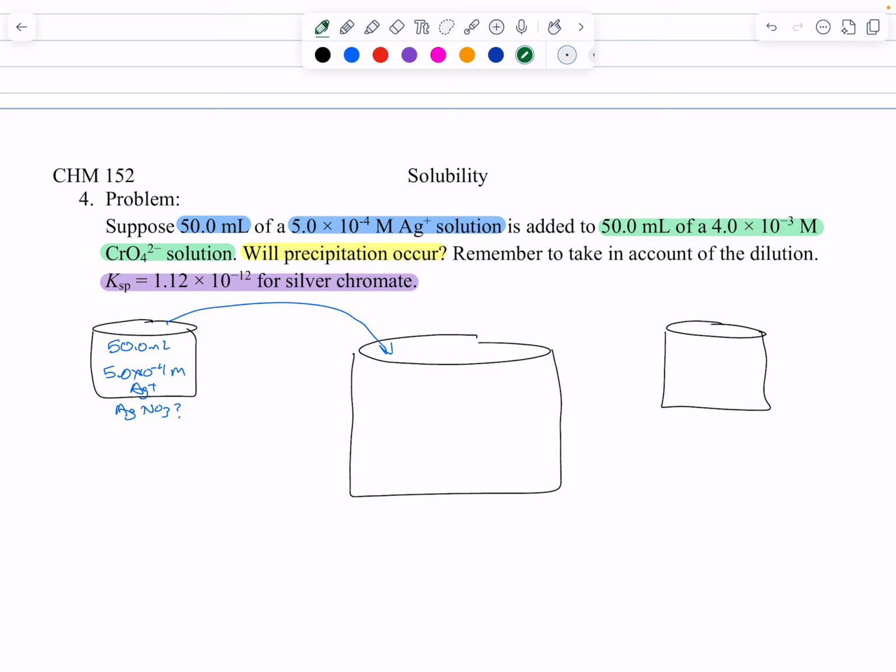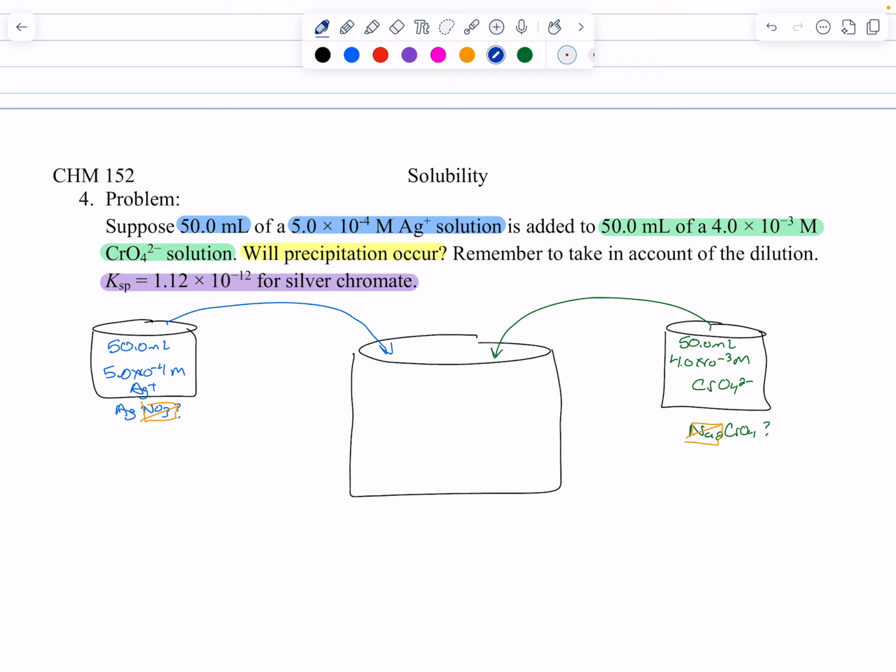And then we have 50 milliliters, 4.0 times 10 to negative third molar, and that's going to be chromate. Could it be Na2CrO4? Possibly, but we don't really know, nor do we care about that and that. We don't care about those, right? Because they're not going to do any extra chemistry. And this is going in here.